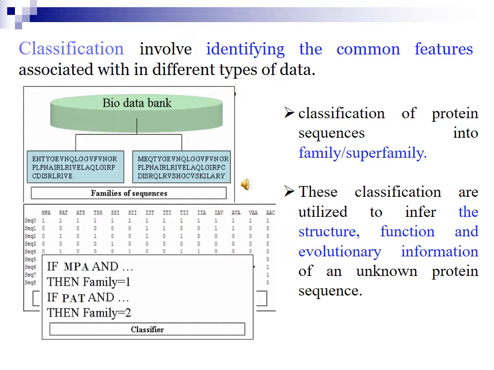For example, if the protein contains the MPA motif, then it belongs to family 1. If it contains PAT, then it belongs to family 2. Here, sequence motifs of proteins are used as class labels. These classifications are used to infer the structure, function, and evolutionary information of an unknown protein sequence.